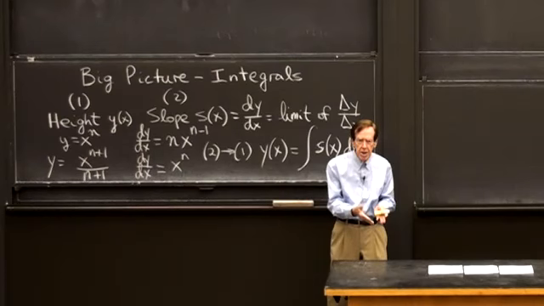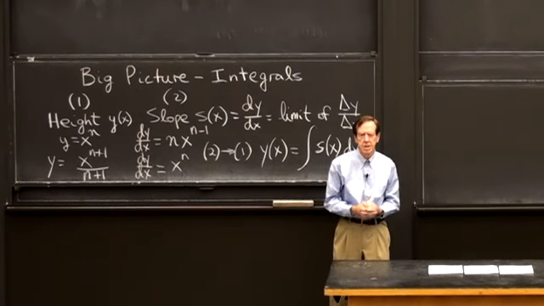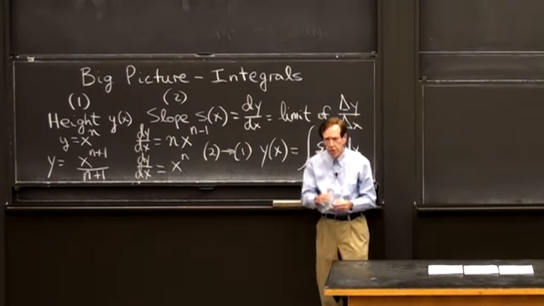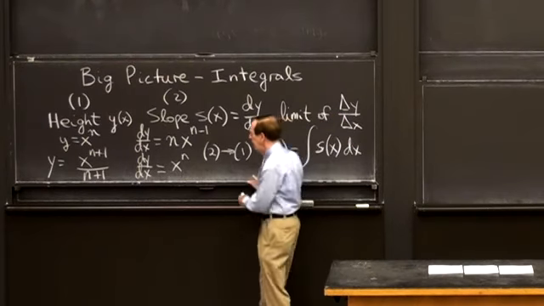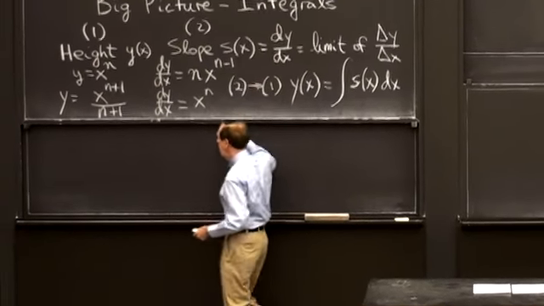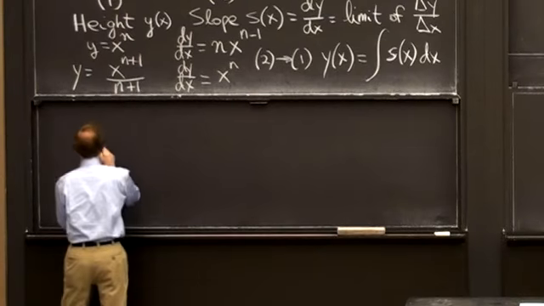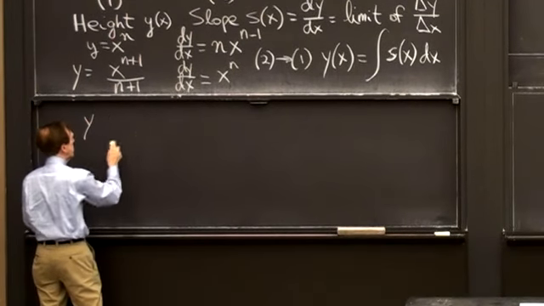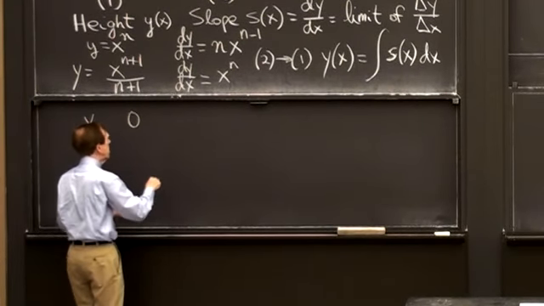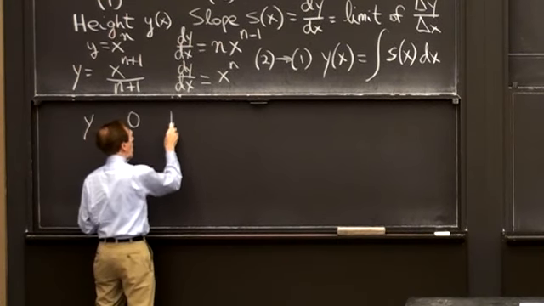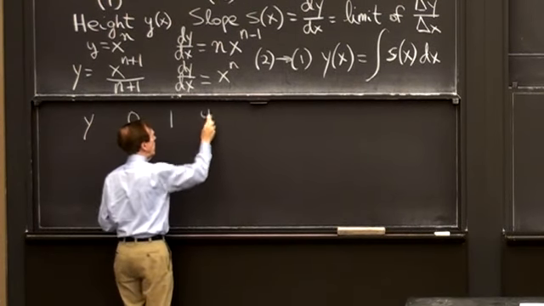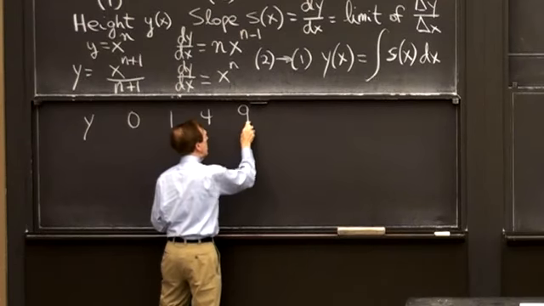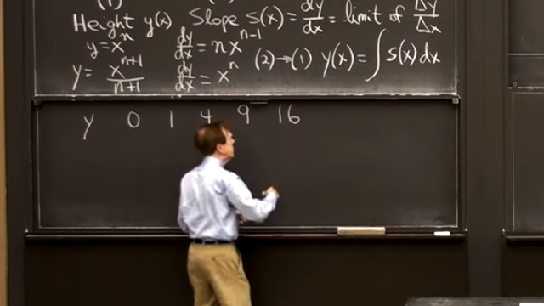And then in the limit, I'm taking continuous steps. Okay, so first, big steps. So let me put down, for example, suppose I have y's. Suppose the y's stepped up like 1, 0, 1, 4, 9, 16, whatever.